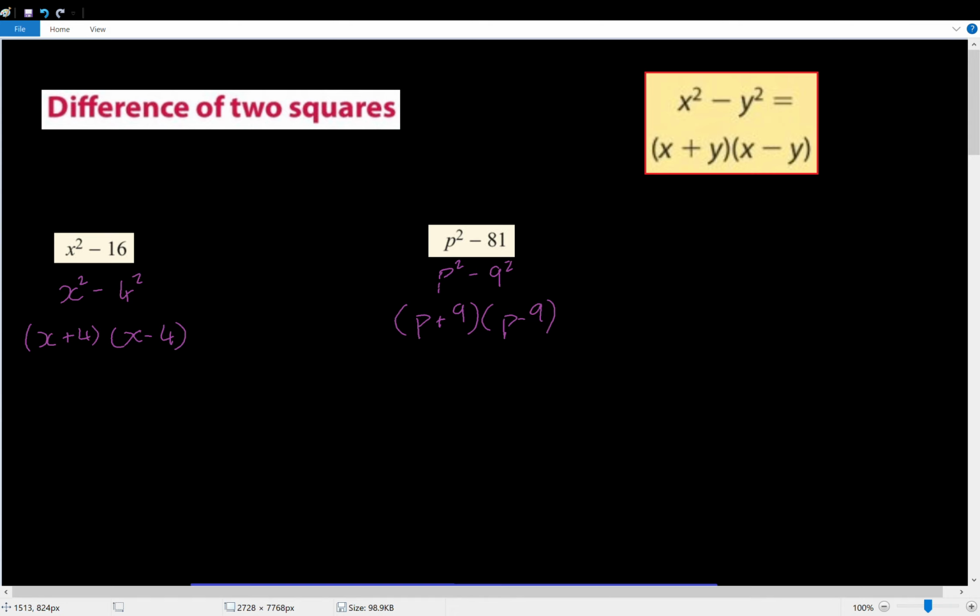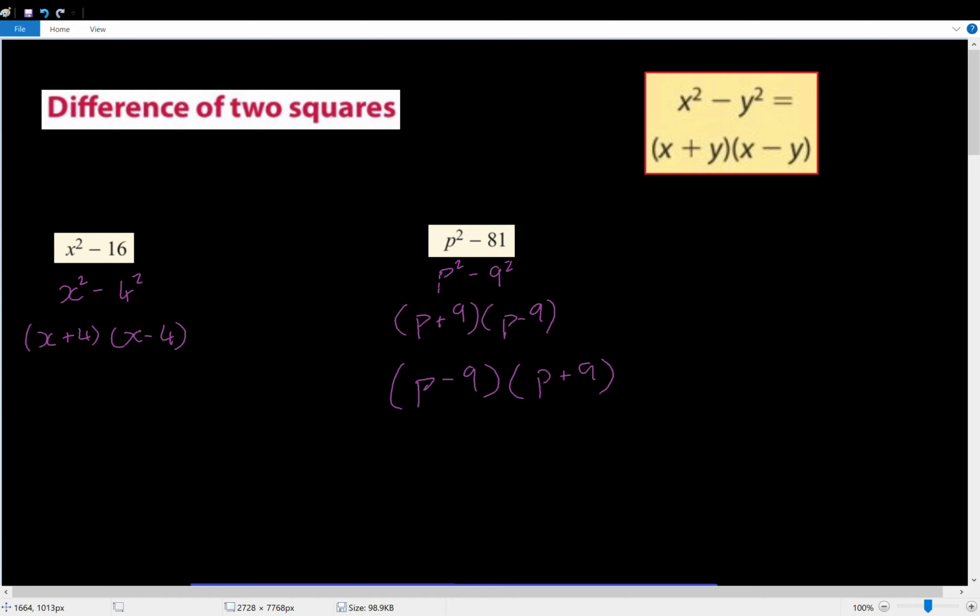And just incidentally, if you were to write p minus 9 multiplied by p plus 9 as your factorization, that's absolutely fine, because it doesn't matter what order you multiply things in. It would only matter what order you divide them or subtract them, but addition and multiplication can be done in either order, so that'll be fine as an answer.